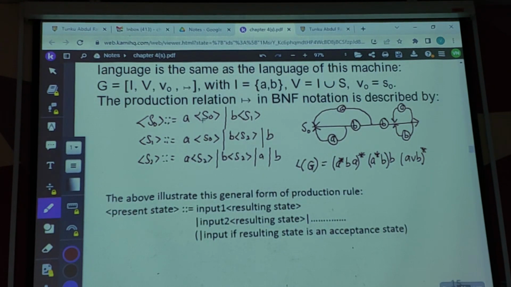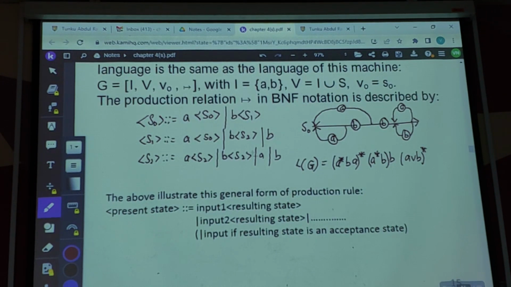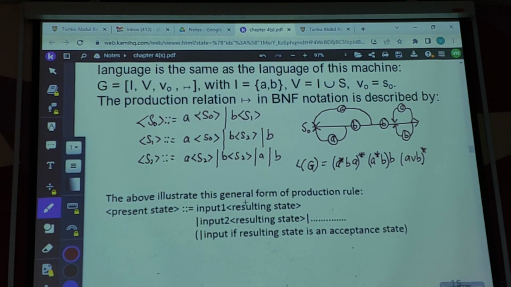A, so it will go back S0, then you write the resulting state here. Okay. If you have alternative, then you put the straight line here, followed by the second input, like this, B, and what is the resulting state? S1. Okay, so this is the general form to tell you how to write in the BNF format for the language of the machine.